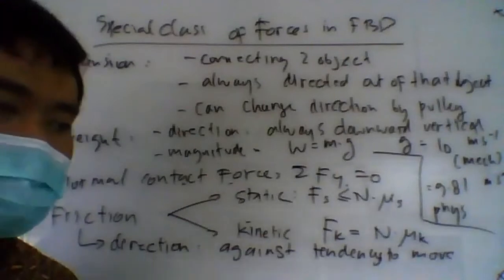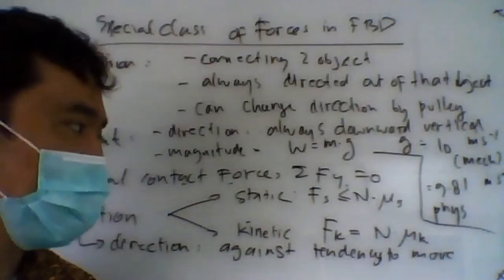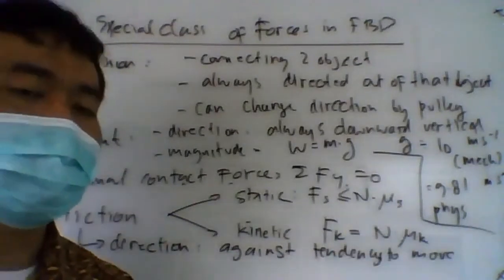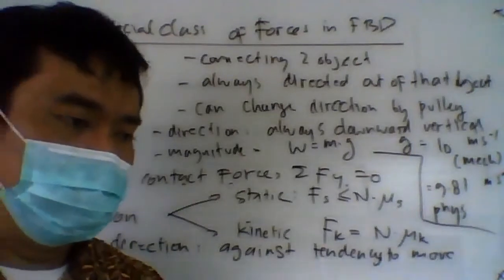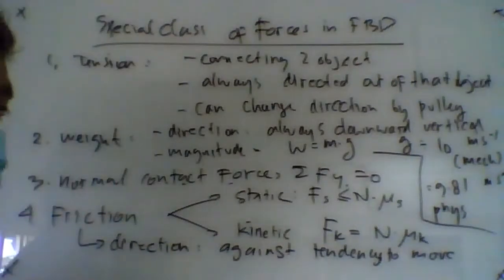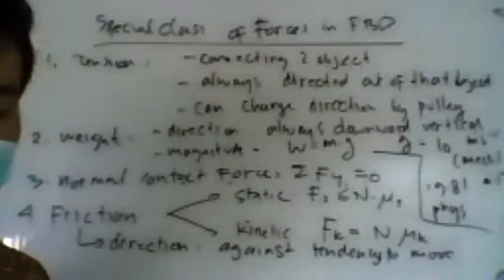When that object starts moving, then the friction changes into the class that we call kinetic friction. So bear in mind, we need to check which type of friction it is that we are going to encounter.